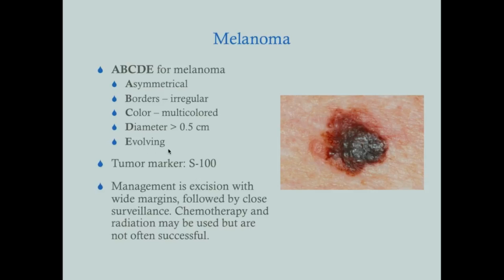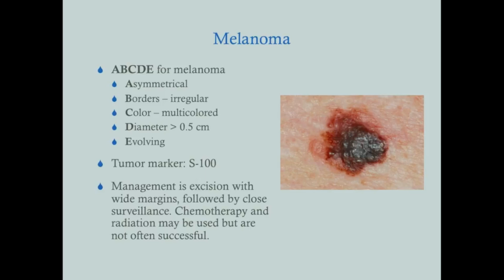And then E, this one's probably most important, evolving. If it's getting bigger, that's a problem. Okay, so these melanomas, they tend to start out as just a regular old mole. Maybe you've had it for a long time, but what happens is they get bigger. They get bigger horizontally, so the size gets bigger, and then after a while they start to get deeper, or they might elevate.